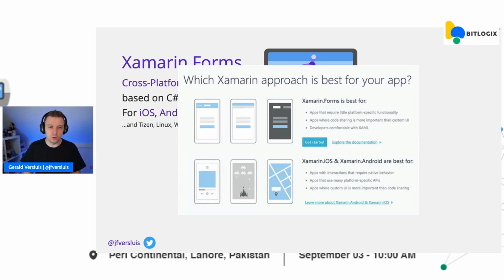Xamarin Forms is best for, and then you have a couple of boring gray boxes. And then suddenly, if you go to Xamarin iOS and Xamarin Android, those are best for creating media players and creating games and creating maps, cool things. All the cool things happen there. And that's the image that stuck with Xamarin Forms as well. And maybe Xamarin Forms was architected with that in mind for the data entry applications, the simple applications, maybe even just prototyping.